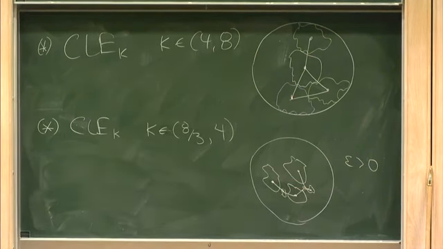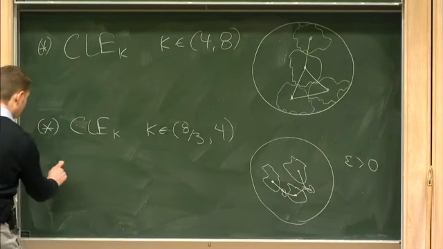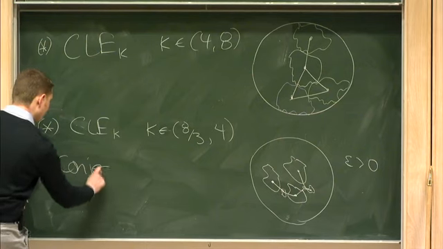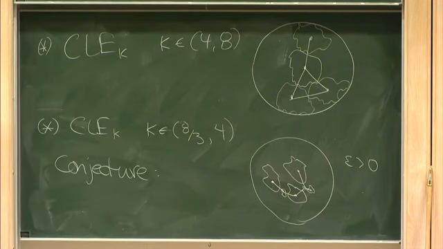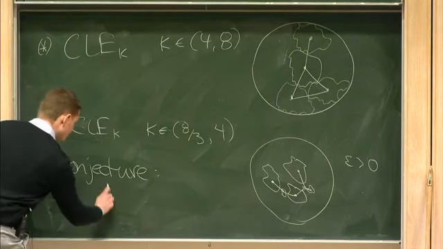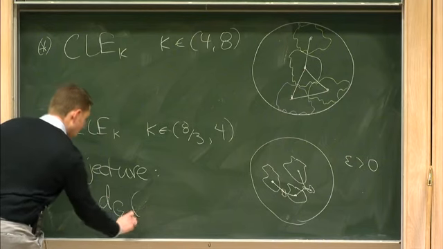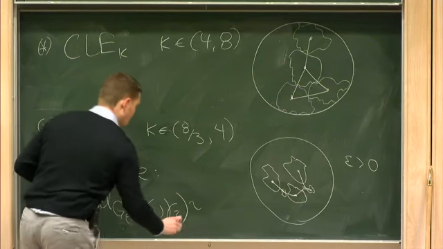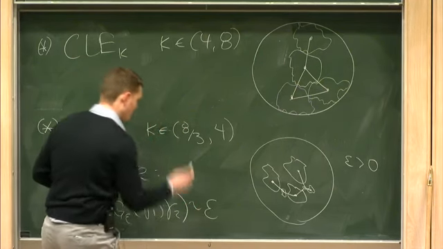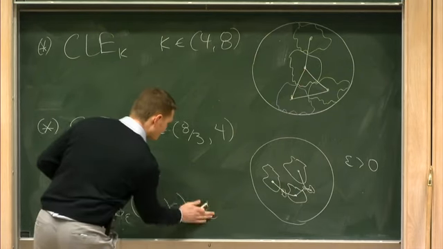And so then, of course, the question is what happens as epsilon goes to 0. And the conjecture is that the distance in the graph metric associated with epsilon from one loop to another goes something like, well, I'll put the constant first.